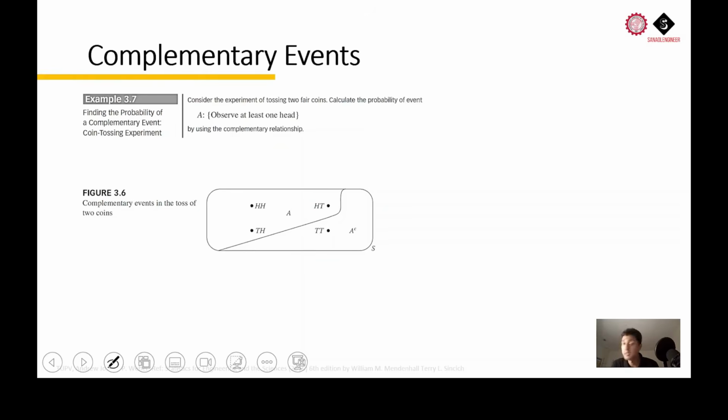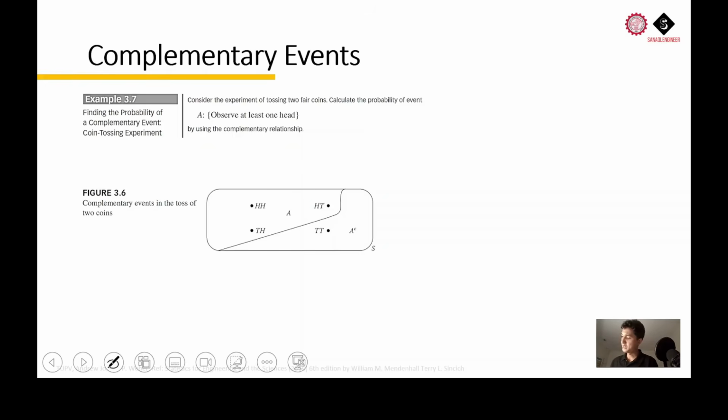Okay, so the question is the probability of event A. First, let's apply the basic rules. We have already defined the experiment and we have already identified the simple events. The next thing to do is to assign probabilities for each simple event.